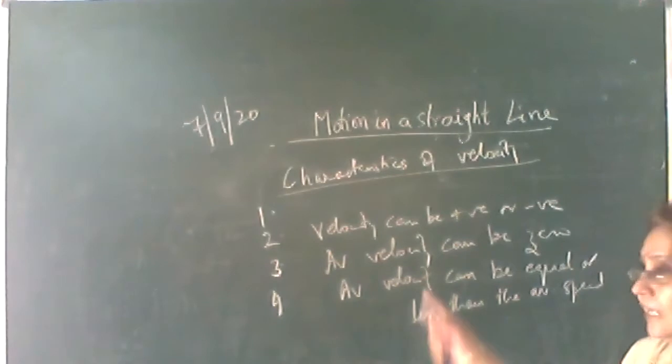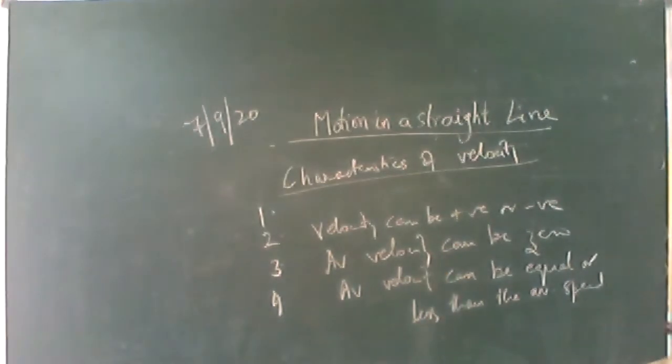But like we have discussed one example where the magnitude of the displacement is less than the distance traveled, so the average velocity will be less than the average speed. So these are some of the characteristics and also the differences we have studied.